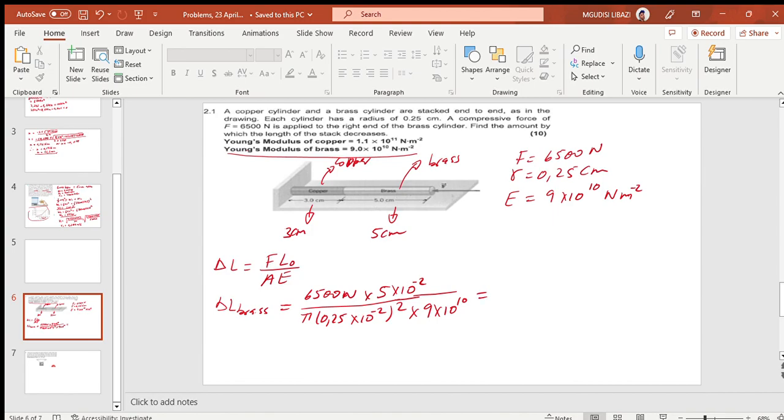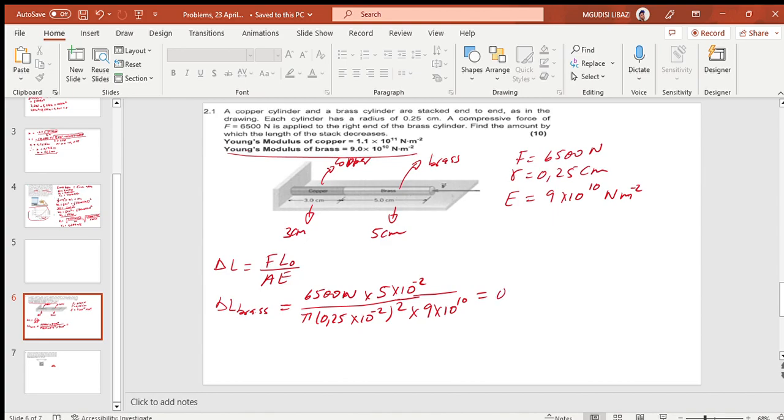So let's see what we get here. We have 6,500 multiplied by 5 multiplied by 10 to the minus 2, divided by pi times 0.25 multiplied by 10 to the minus 2, squared, multiplied by 9 multiplied by 10 raised to 10, which is the Young's modulus of the brass.